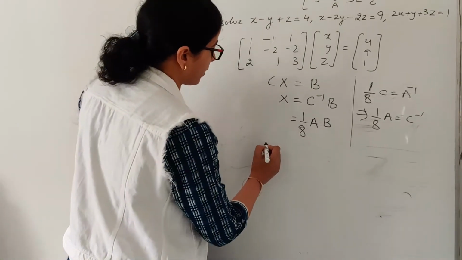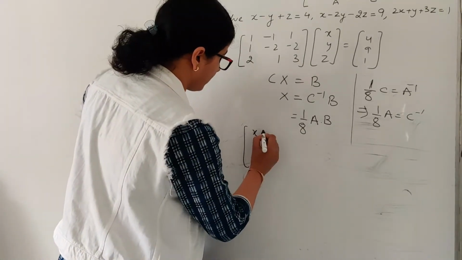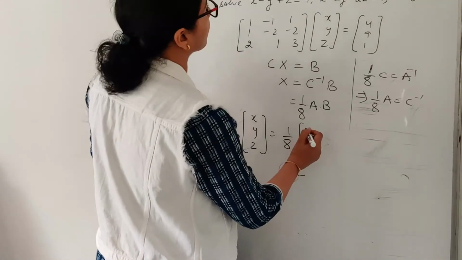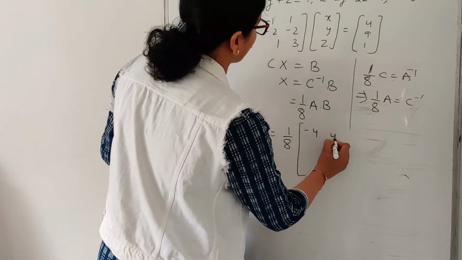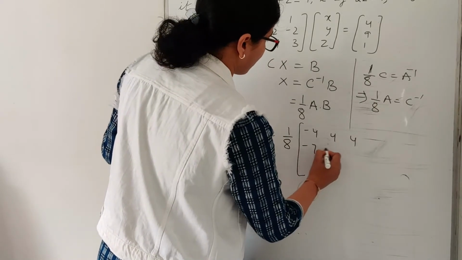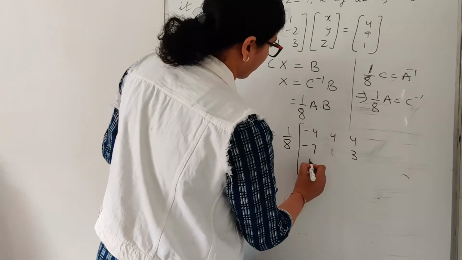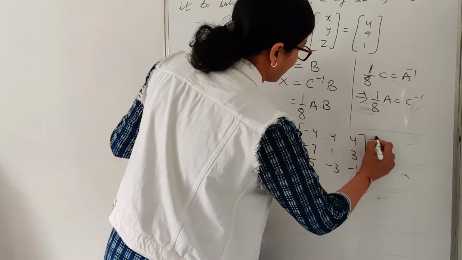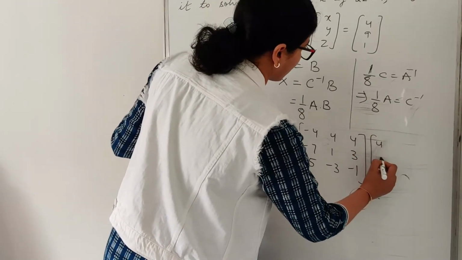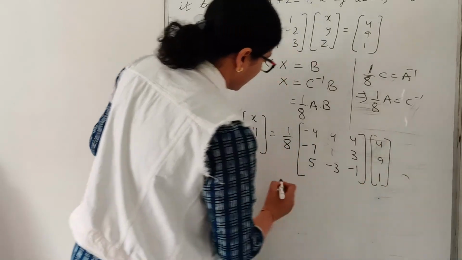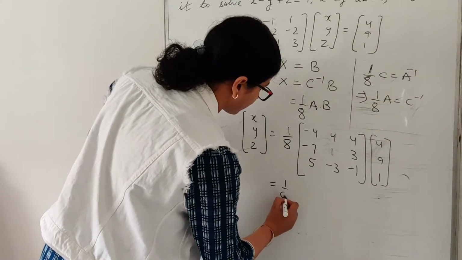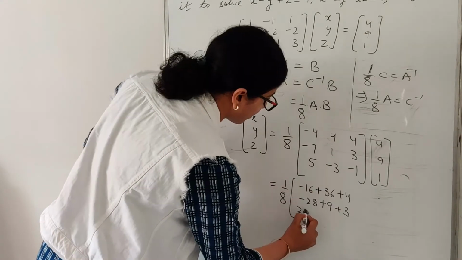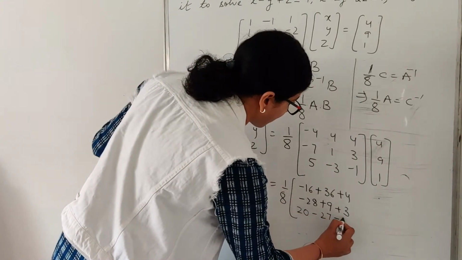So substitute the value: X, Y, Z equals 1 by 8. What is my A matrix? Minus 4, 4, 4, minus 7, 1, 3, 5, minus 3, minus 1, and I will write my B matrix: 4, 9, 1. Let us find out the value. Minus 16, minus 27, minus 1.